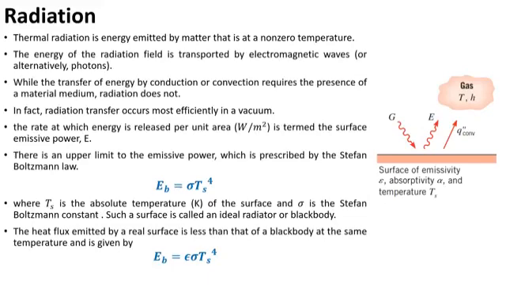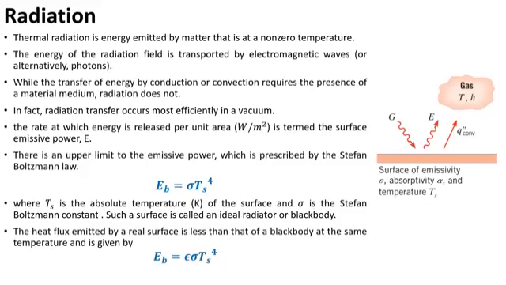Thermal radiation is energy emitted by matter that is at a non-zero temperature. Every body which is at non-zero temperature emits radiation in the form of electromagnetic waves or photons.